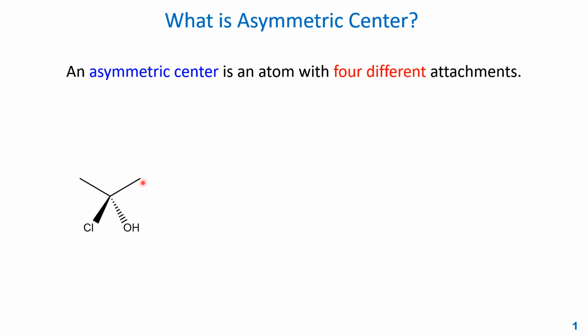Same thing as here, CH3. They have 3 same atoms, hydrogen. And this carbon has 2 methyl groups. That's the same. So this carbon has 3 different attachments: methyl, chloro, hydroxyl. So there's no asymmetric center in this compound.